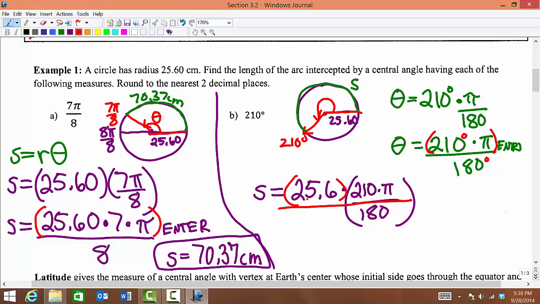Then I'm going to divide all of that by 180. So I'm just going to do one calculation instead of two separate calculations. And when I put that into my calculator, my arc length turns out to be 93.83 centimeters.